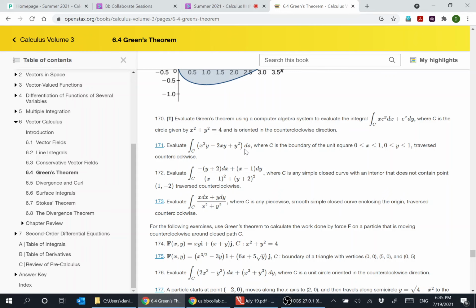Evaluate this where C is the boundary of the square [0,1] by [0,1], traversed counterclockwise, but this is a scalar line integral. So why is this here? Why is this problem here?